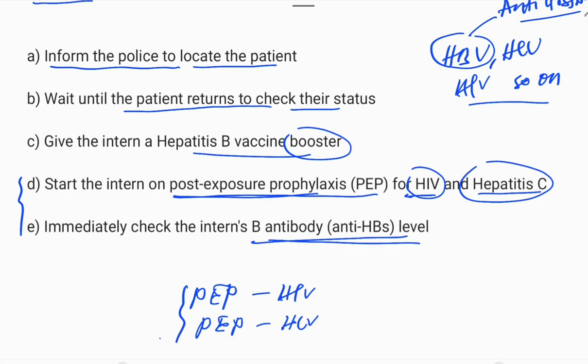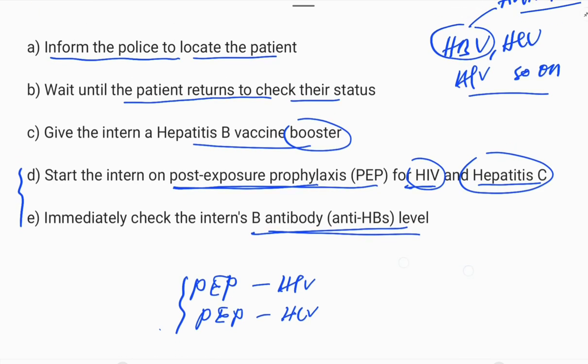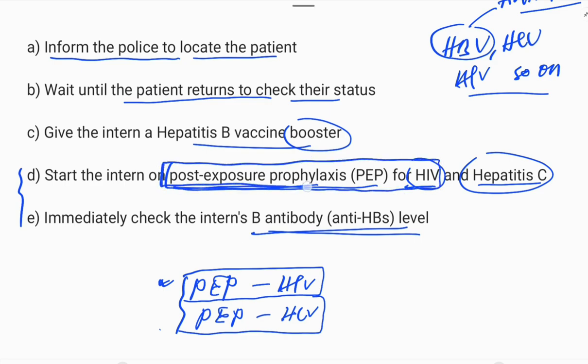Most important thing. But unfortunately, we know there is a provision for post-exposure prophylaxis for HIV, but there is no provision, no recommendation for post-exposure prophylaxis of HCV. So though the post-exposure prophylaxis for HIV is correct, the post-exposure prophylaxis for hepatitis C option is not correct.